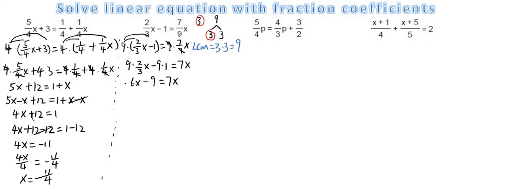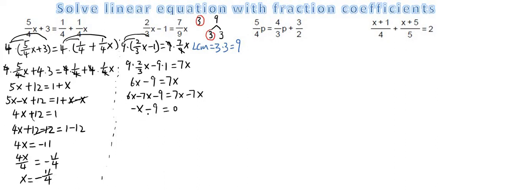Now here on the left hand side we have 7x, and we wanna remove it. How to remove it? Subtract 7x for both sides, and we're gonna get negative x minus 9 equals 0.